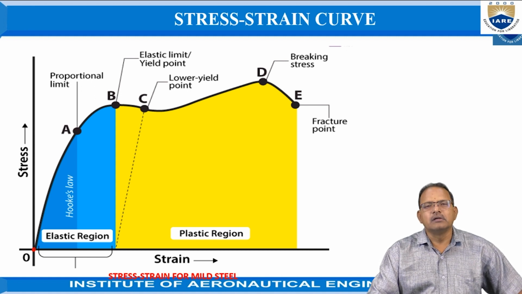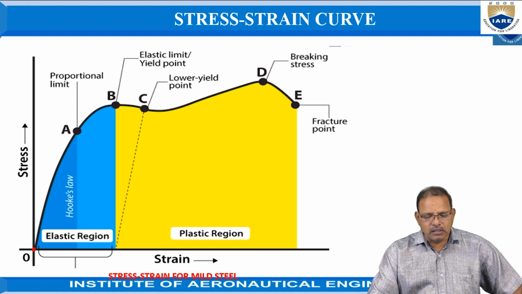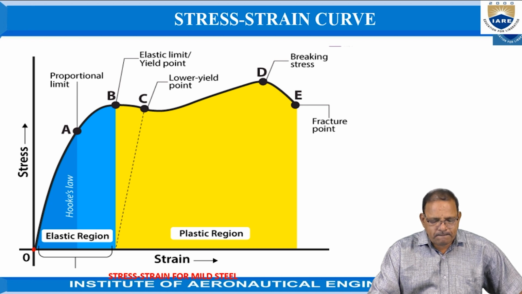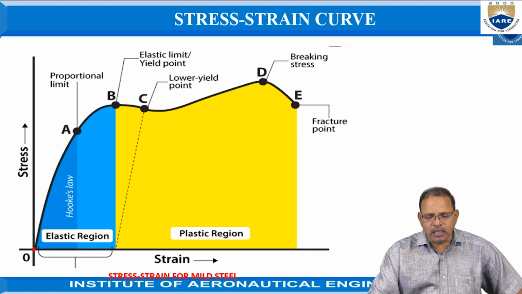That means after removal of the forces, even though it is elongated up to B, the bar or specimen will come back to its original shape. Hence, it is called the elastic limit. It is also called the yield point.